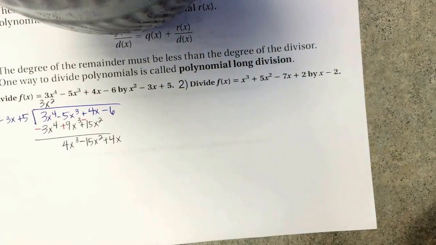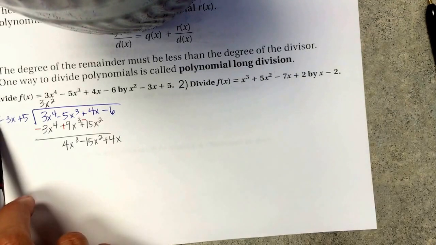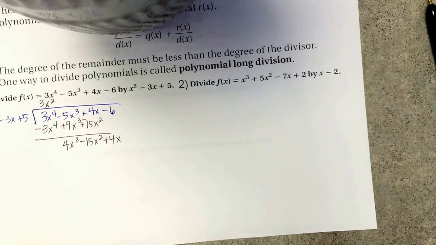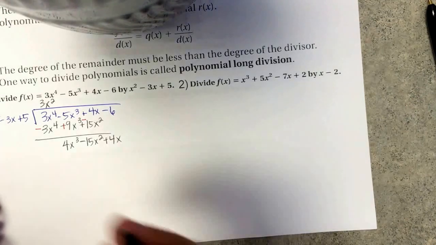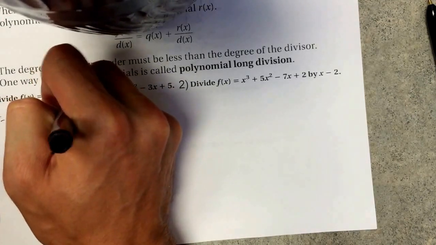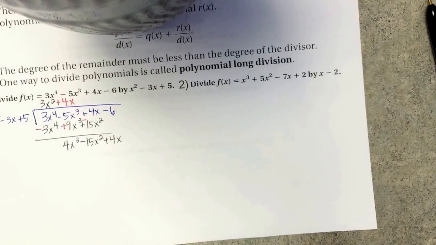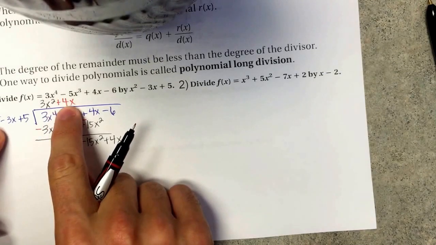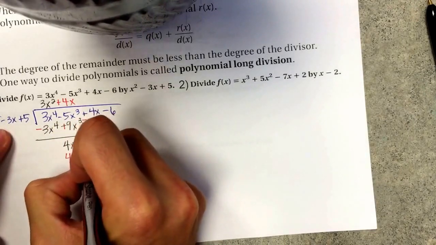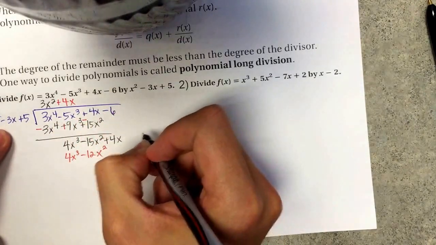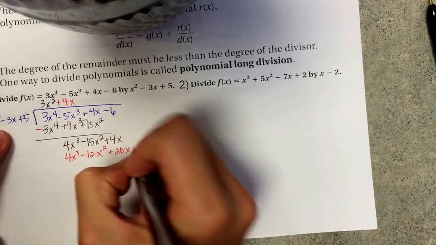Now we go through the whole process again. X squared goes into 4x cubed how many times? So what times x squared gives you 4x cubed? The answer to that is 4x. And you're going to distribute and multiply. 4x times all 3. You get a 4x cubed, you get a minus 12x squared, and you get a plus 20x.